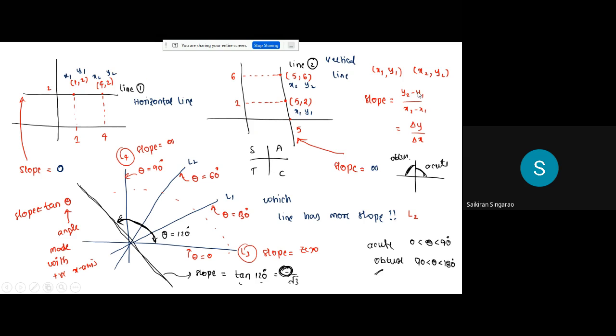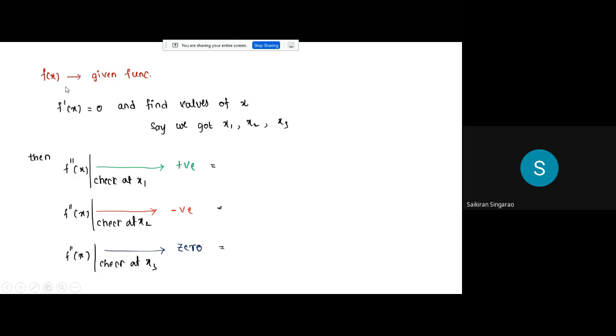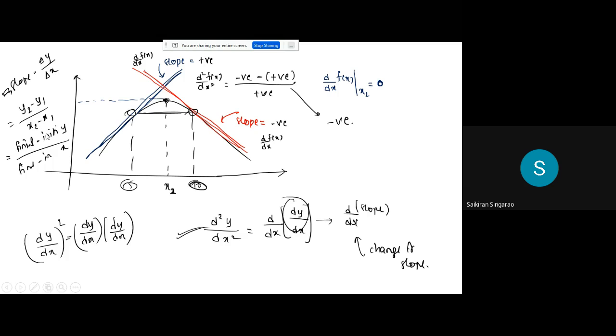So slope is final value minus initial value in y, divided by final value minus initial value in x. Now, if the curve is like this, whatever slope you take on this side, left of this point, will be positive, and on this side, whatever slope you take will be negative.